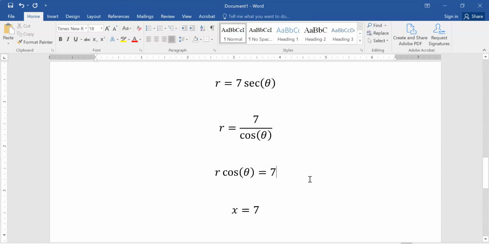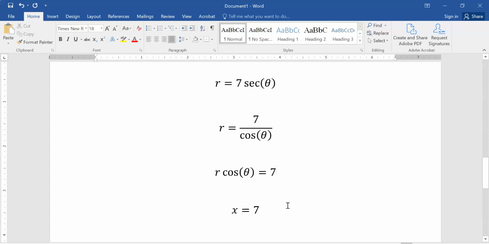So that's what you're trying to do in most cases with these polar equations. You're trying to either get an r by itself so you can square it, or you're trying to maybe multiply by r. So r squareds, r cosine thetas, r sine thetas are really nice to deal with. And so we're trying to make something either have an r cosine theta or an r sine theta or an r squared in it.